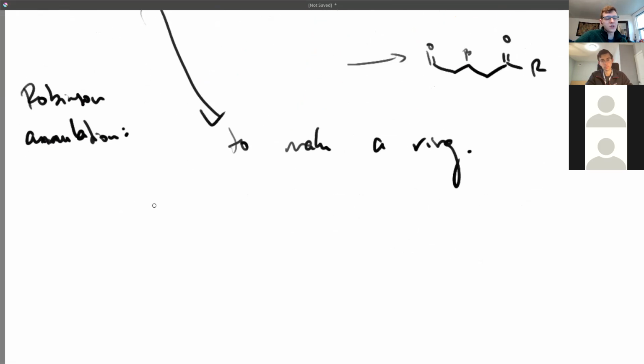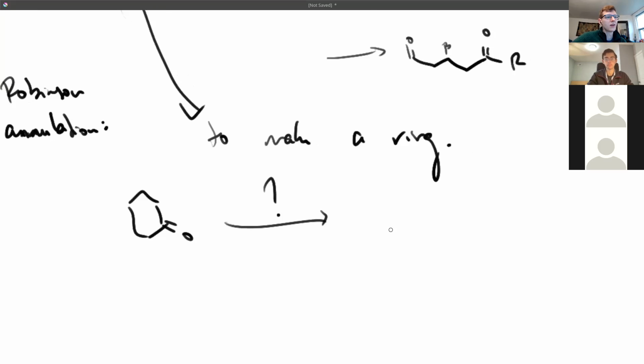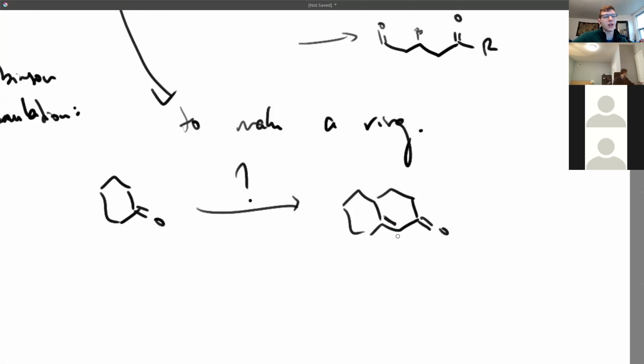If you ever see any sort of reaction that looks like this, it has a ketone, and you give it something, and at the end of the day you wind up with another ring attached, and there's a ketone and this kind of funky double bond there. This happened through a Robinson annulation.